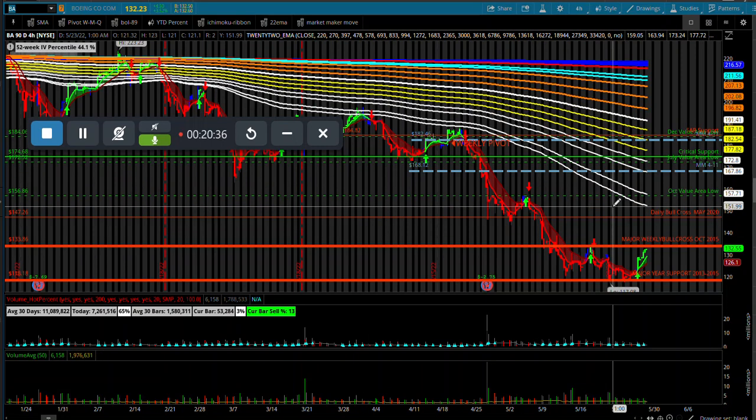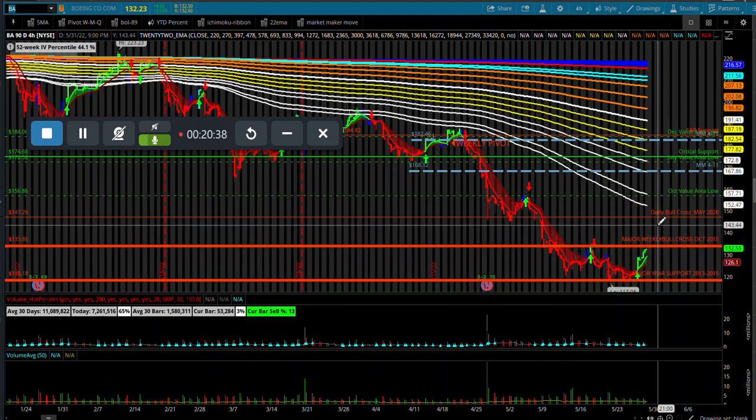I am on a 4-hour buy signal on Boeing, so let's keep an eye on that one going forward. Of course, it's up to the markets. If this is a fool's errand and we're just bear flagging in a longer time frame, that's fine. I think there's still more upside in the markets, so I'm going to stick with that.